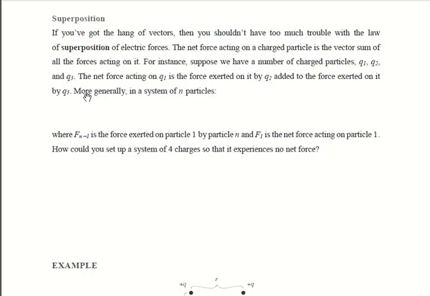If we want to make this really general for some system that has some number n of particles, then we could say that the overall total net electric force acting on charge 1, so F1, is equal to whatever force charge 2 exerts on charge 1, plus whatever force charge 3 exerts on charge 1, plus 4, plus 5, plus 6, all the way until you get up to your last charge. The last charge exerts some force on charge 1.